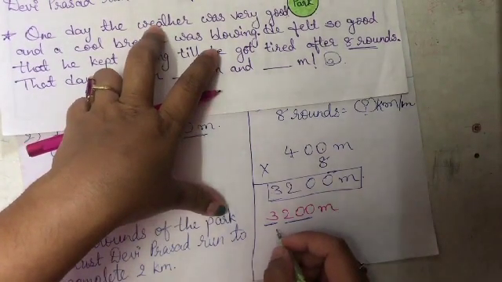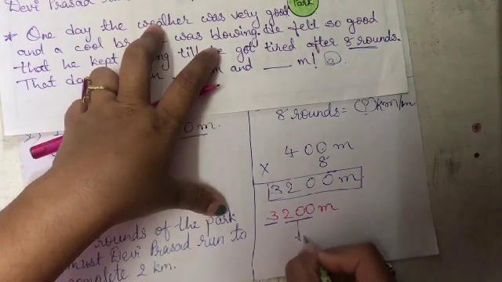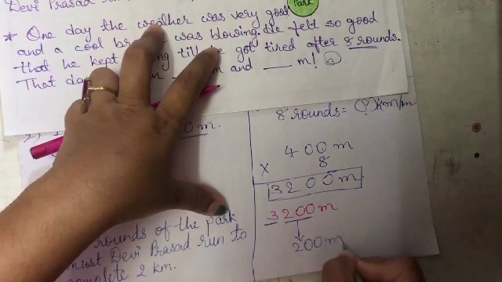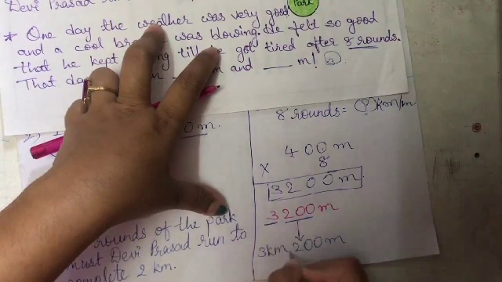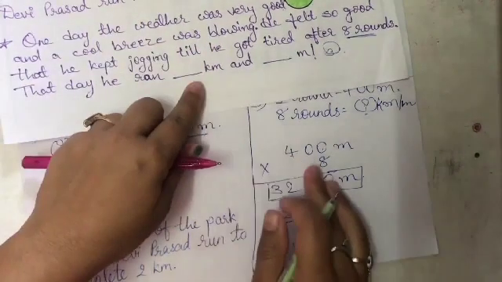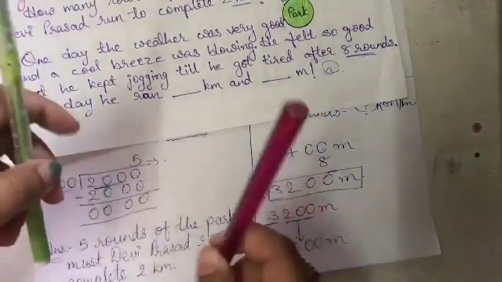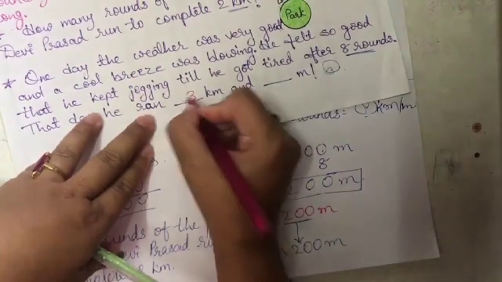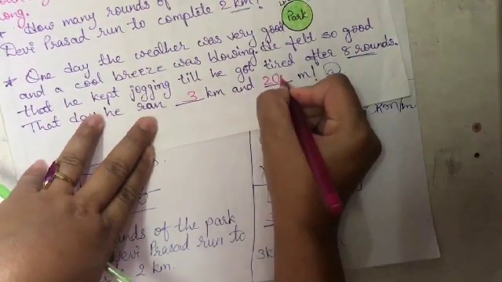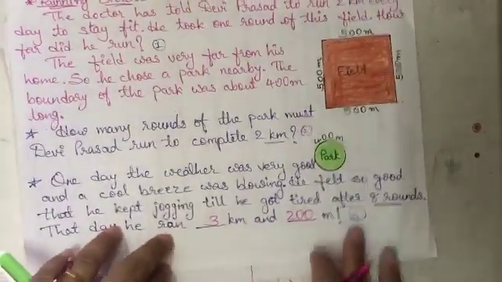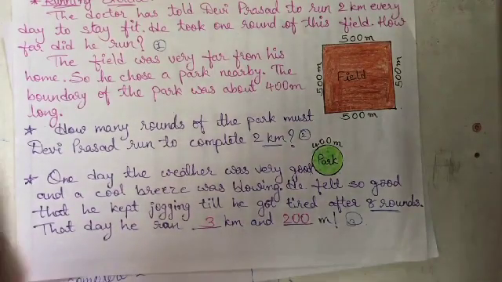So we can say 200 meter and 3 kilometer. So we can write the answer here. I'm writing with the pink color now. 3 kilometer and 200 meter he had run in this.